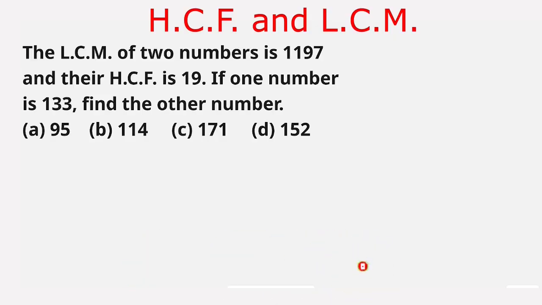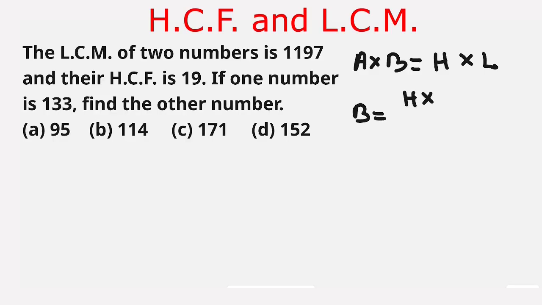We know that if the two numbers are A and B, then A multiplied by B is equal to the product of their HCF, I am writing H for HCF, multiplied by their LCM, I am writing L for LCM. So the number B is equal to H multiplied by L upon A, that is the product of HCF and LCM divided by one of the numbers.